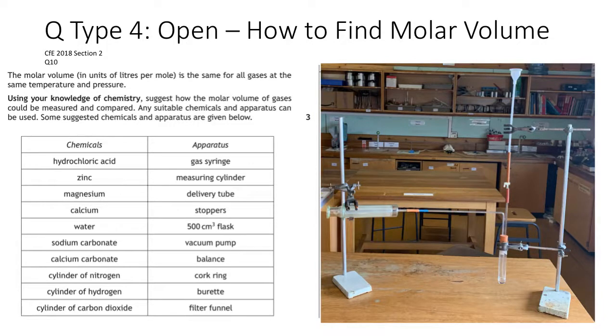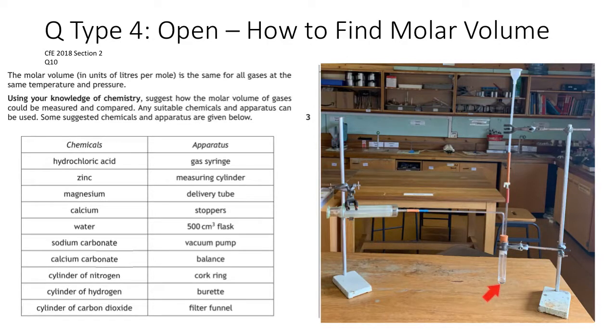Something else that reacts with acid are metal carbonates. So you could run this same experiment with a known, accurately measured mass of a metal carbonate, excess acid in the thistle funnel, open the tap, the acid drops down, you close the tap to make sure the gas doesn't escape back up this funnel, and any gas produced is collected in the syringe.